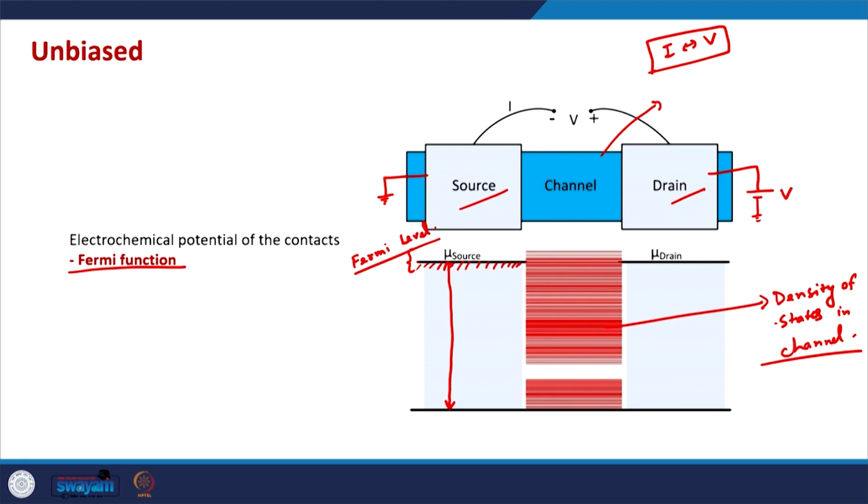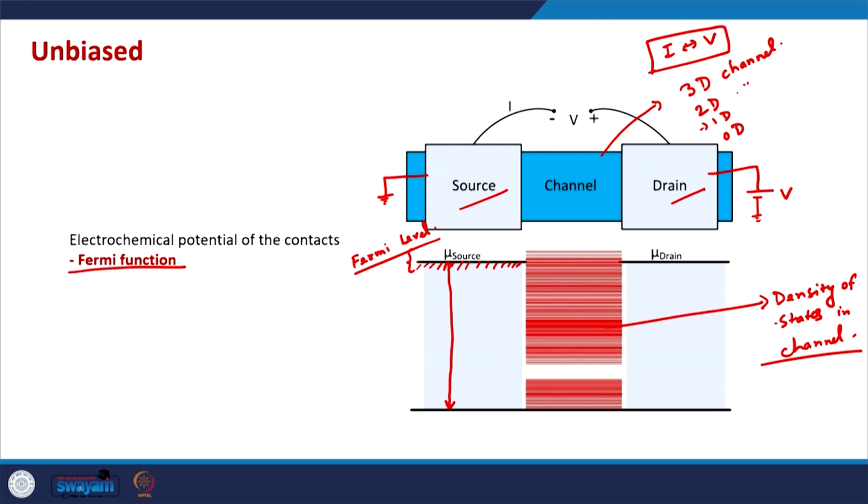Also, this channel in modern devices can be a 3D channel, a 3-dimensional channel. It can also be a 2D channel, a 1D channel, or as well a 0D channel. By 3D channel, we mean a semiconductor which has dimensions that extend in all three directions.